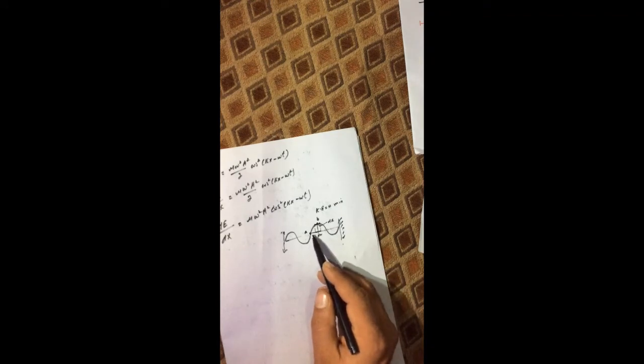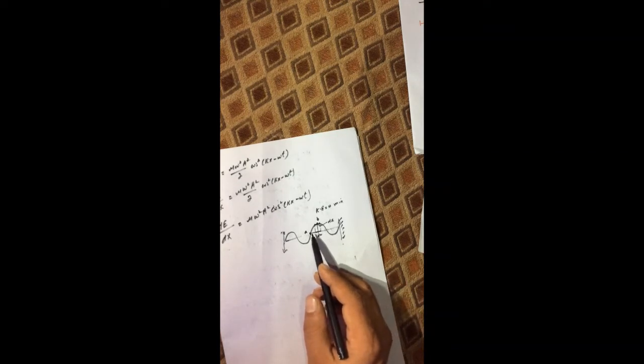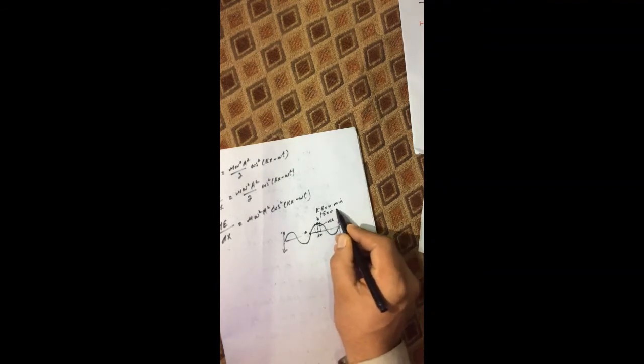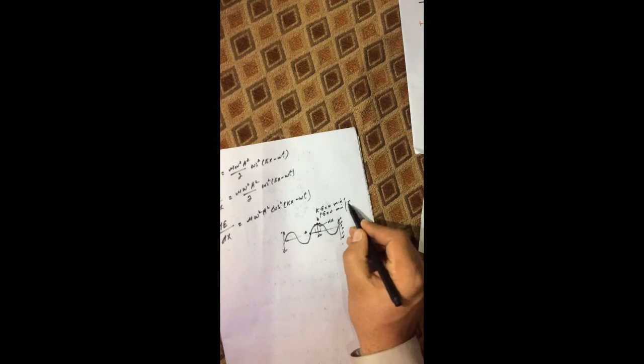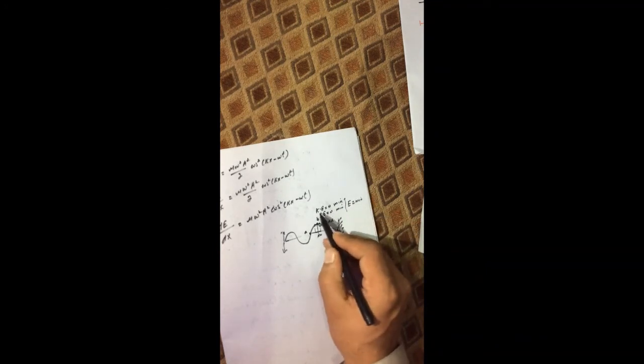If the length is the same, there is no change in displacement, so the work done is 0 there. If work done is 0, then the potential energy corresponding to that work done is also 0. So potential energy will also be 0 or minimum. So the total energy E will also be minimum there, because the total energy is equal to the sum of kinetic energy and potential energy.